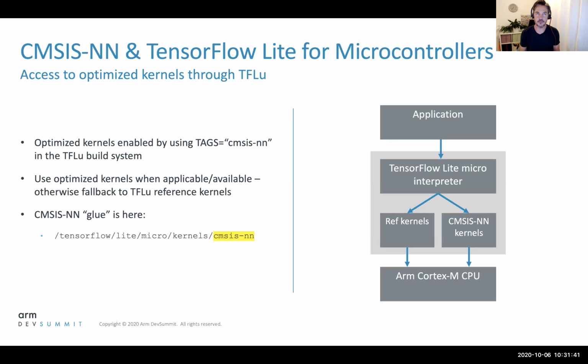And this, I would say, put dispatch in quotation marks, because this happens at compile time. So it's not like you compile in both the reference kernel and the optimized kernel in your final binary. You only compile in either or.